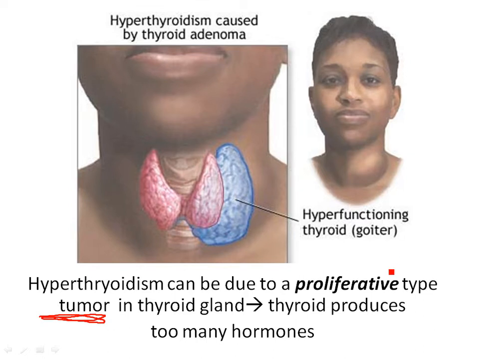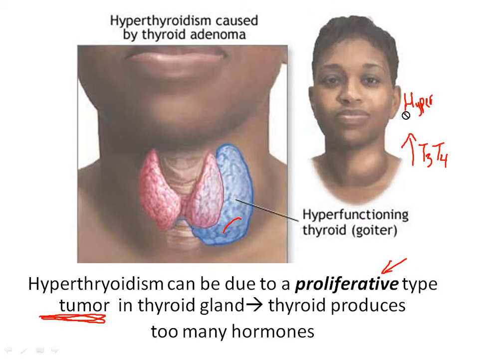A proliferative type of tumor means that the tumor cells are overproducing something. They do not know when to stop. So you're going to have this thyroid gland with a tumor that is producing lots of T3 and T4. Again, too much T3 and T4 is simply hyperthyroidism. The reason would be this tumor that is overproducing. Okay?